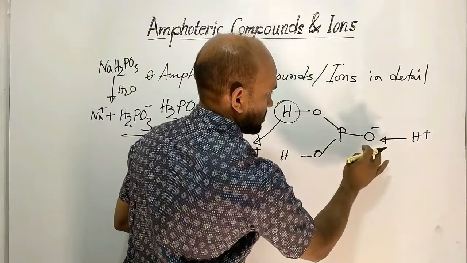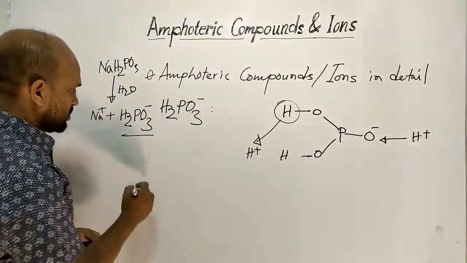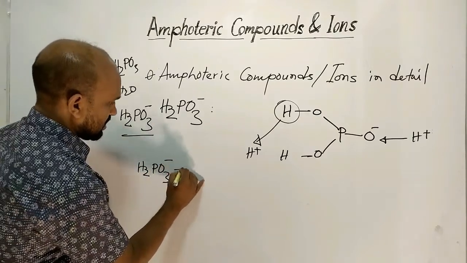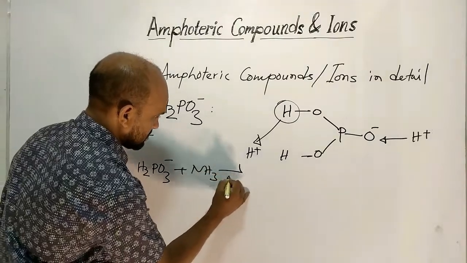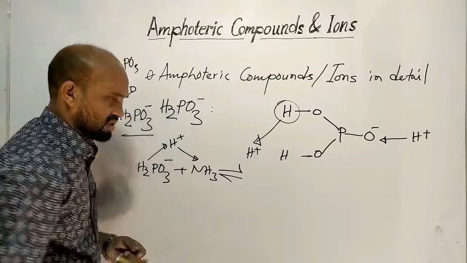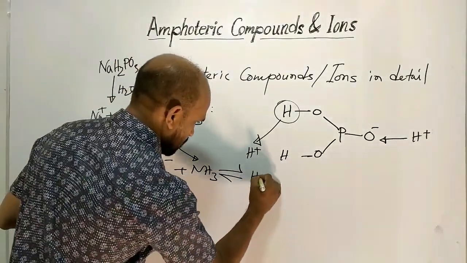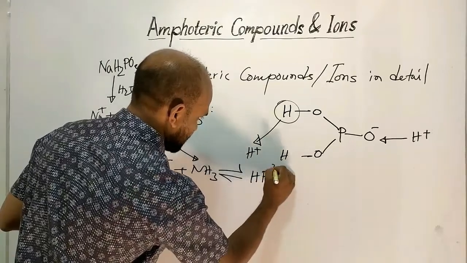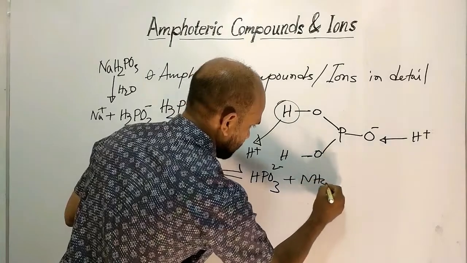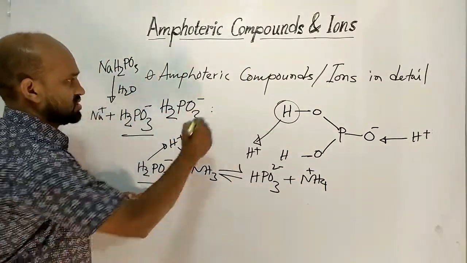and acts as base. Now let's see a chemical reaction between dihydrogen phosphite ion and ammonia first. It donates a proton and ammonia accepts that proton. It becomes monohydrogen phosphite ion and ammonia becomes ammonium ion. So it acts as acid.